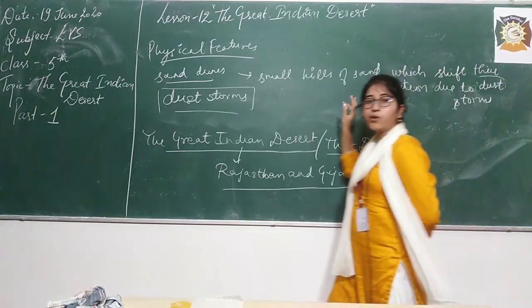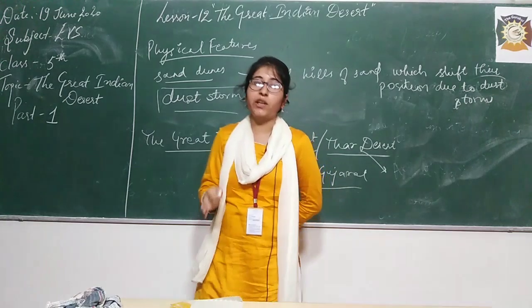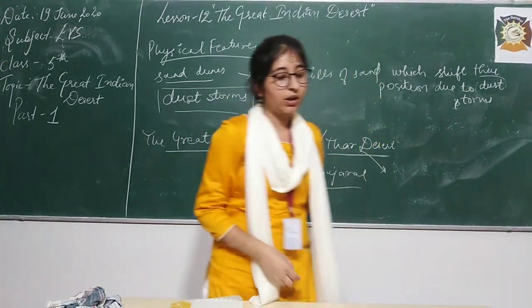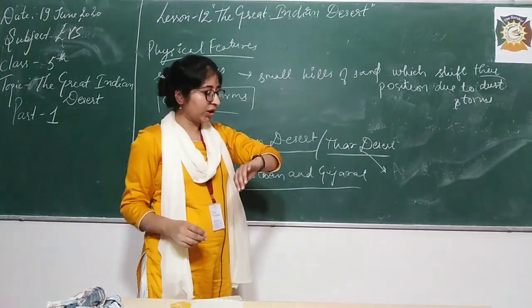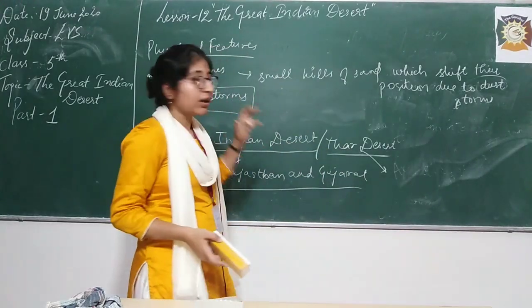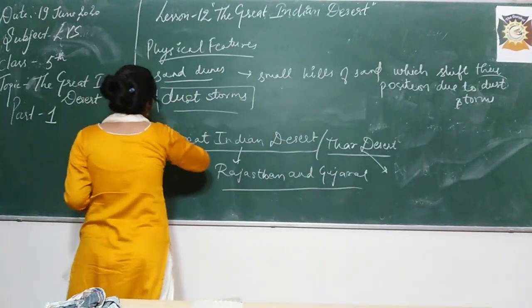So this is all about sand dunes and dust storms. The people living here suffer in this area, right? And yes, we have seen the location of the Thar Desert. Students, after this, there is one more very important feature.